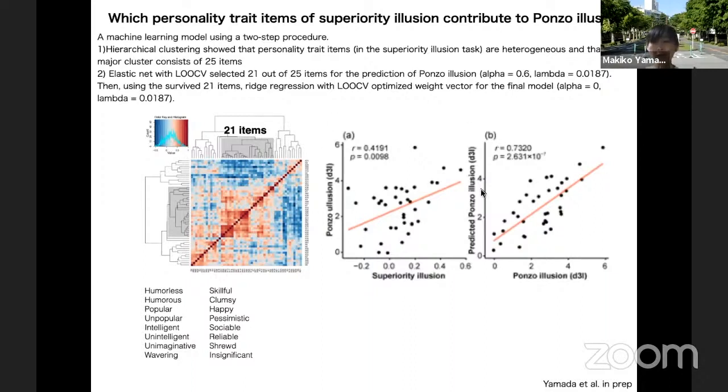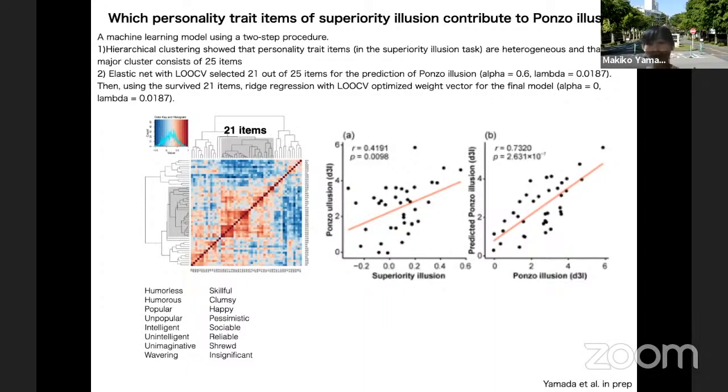As shown in the left plot, the vertical axis indicates the predicted Ponzo illusion from these 21 items, and it fits with the actually measured Ponzo illusion. Therefore, we have found that behaviorally, superiority illusion and Ponzo illusion are related to each other.